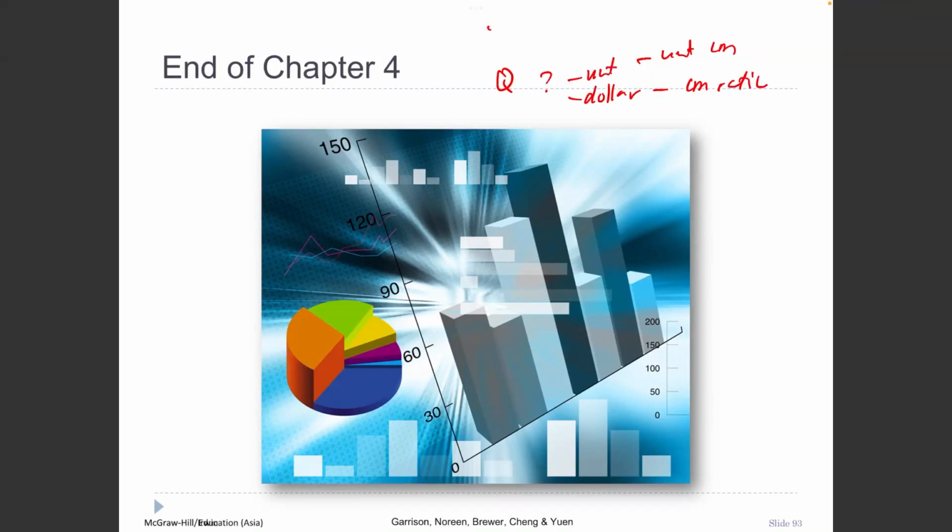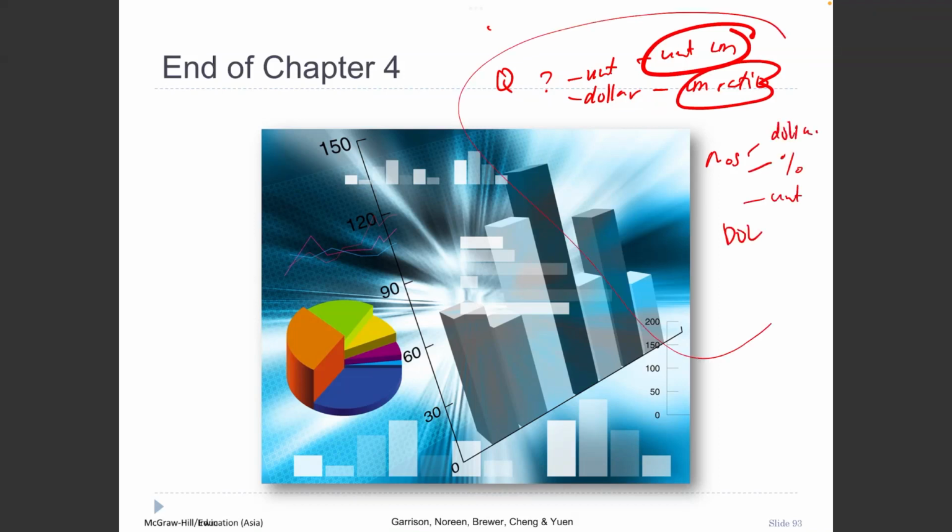So you need to know what the unit CM is, how to calculate the CM ratio, what the break-even point is, the target profit, the break-even, and the margin of safety. Margin of safety has dollar, percentage, and unit forms, and then there is the DOL. All of this is what I want you to focus on.